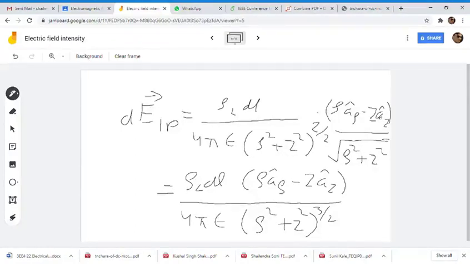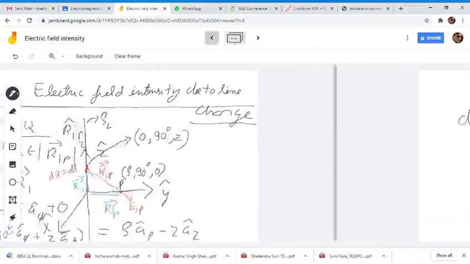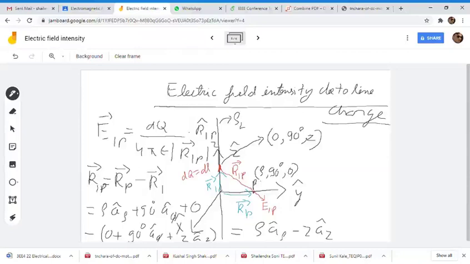Okay, now this is the electric field due to this charge.